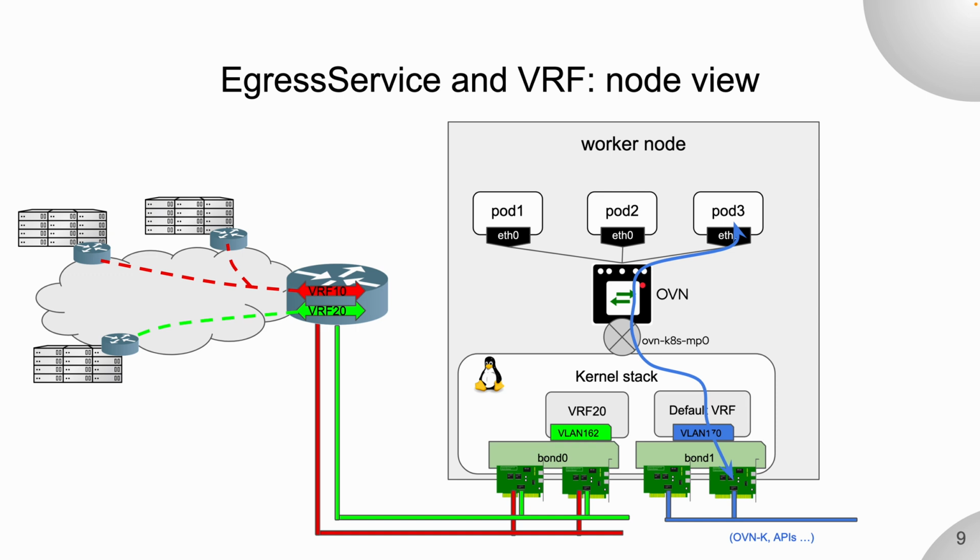So now let's say I've got another VLAN. This is VRF20 mapped on VLAN 162. And for pod 2, you attach a service and an egress service with the specification of VRF20. Because you put the VRF20 spec in the pod 2 egress service object, all of the packets getting in and out of the node coming from that pod are going to exit via VLAN 162.